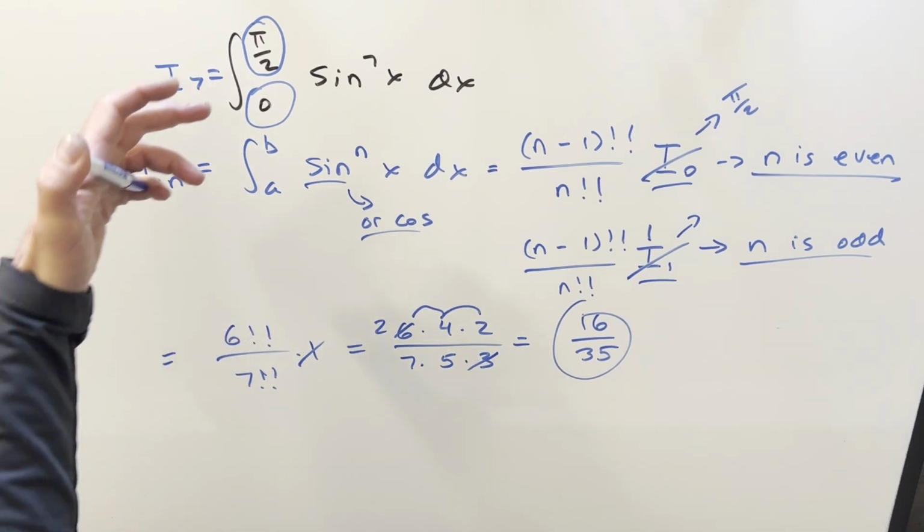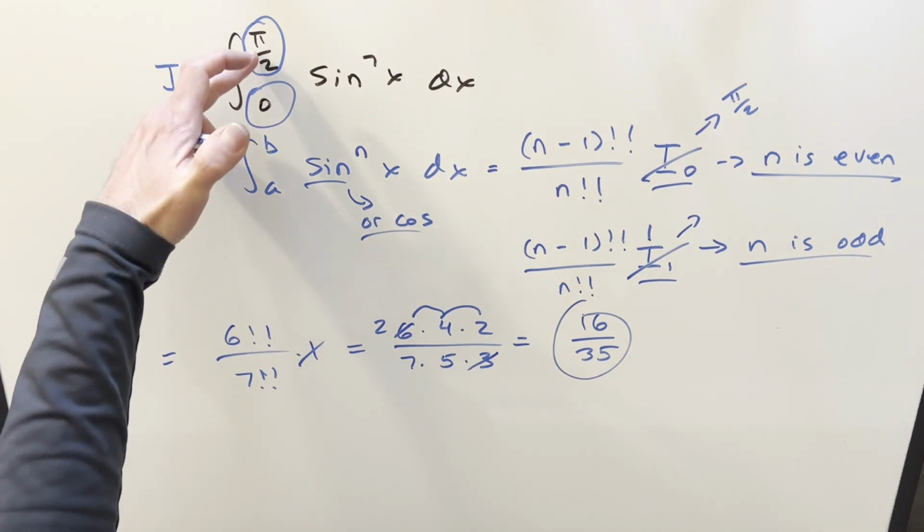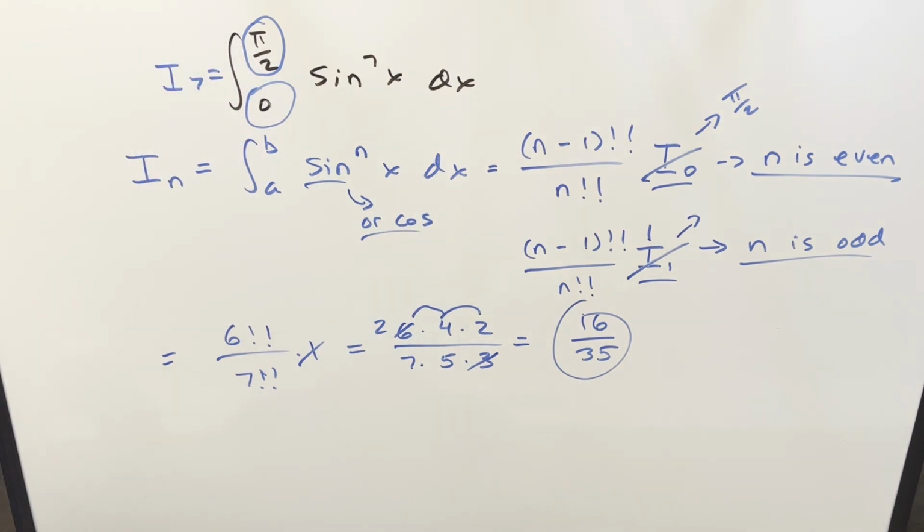With Wallis's integral, there's nothing for if this upper bound's pi or if it's 2 pi. I guess the argument would be those cases are usually pretty easy to simplify. A lot of times you have a similar integral, but you're going from 0 to n pi, and let's say it's sine k to the x or cosine k to the x.